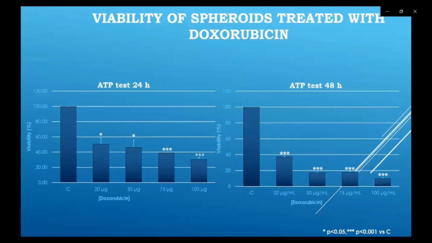The test that we could perform because of the fluorescence of doxorubicin was the ATP test, which shows the energy inside the cells. We can see that with the increase of concentration of doxorubicin, the ATP levels are falling, which correlates with the viability of the cells.